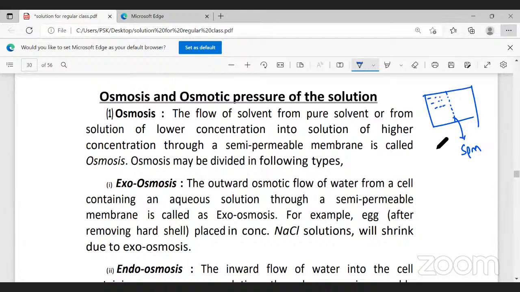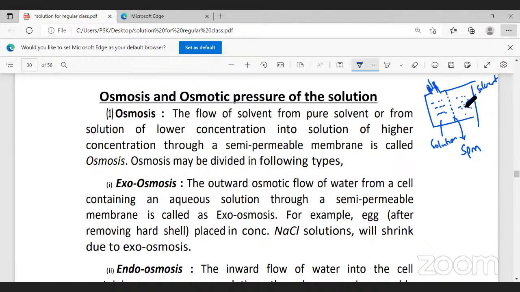Here we have only a pure solvent. And there is an opening here like this, and also a graduated scale is here.